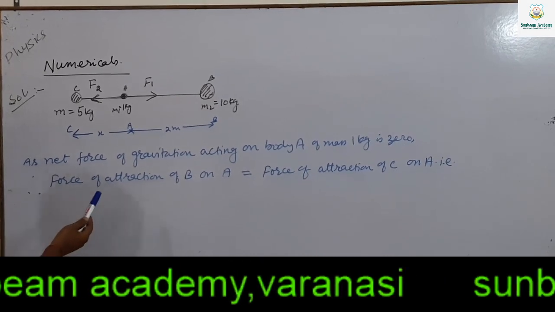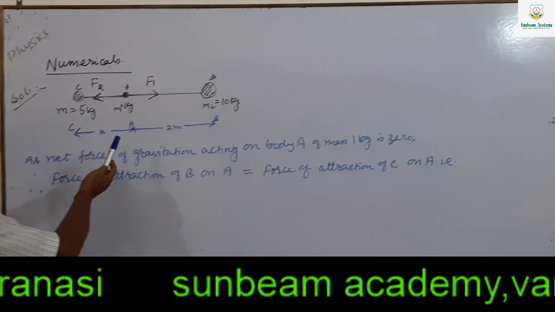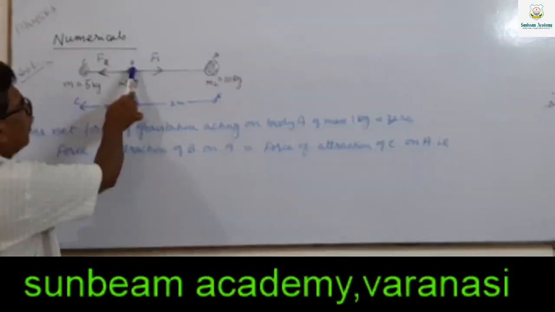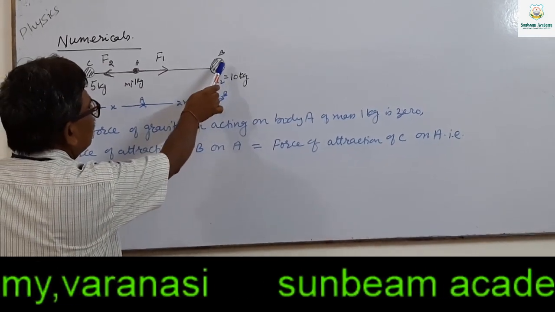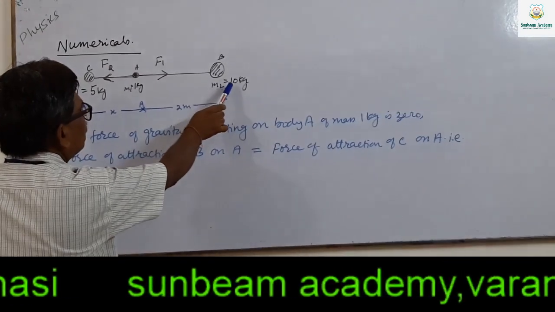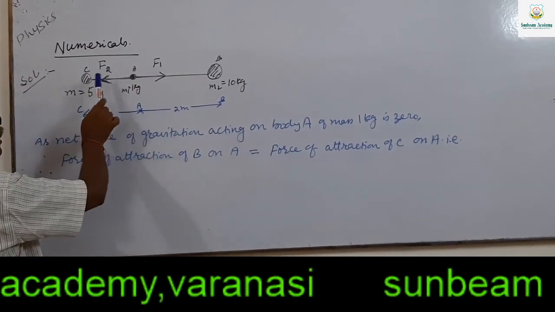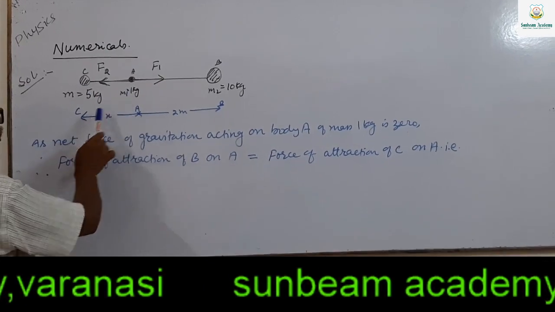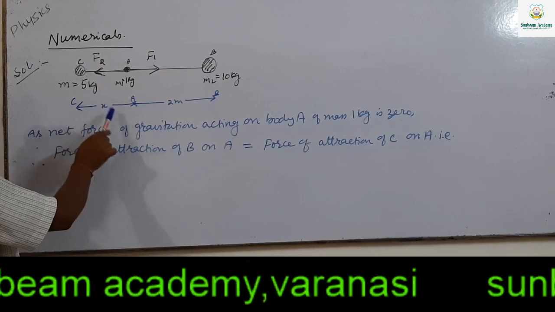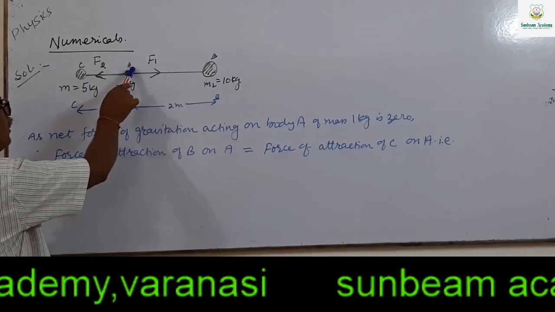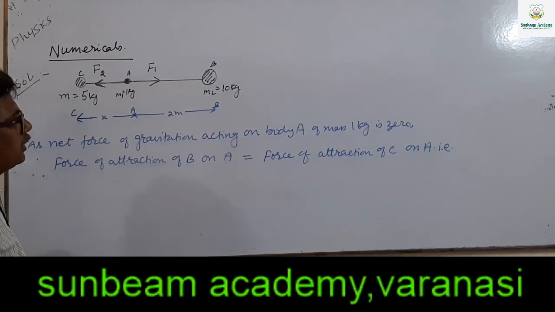Now see the condition as per the numerical given: body A of mass 1 kg is kept from body B of mass M2, 10 kg, at a distance of 2 meter, and at what distance from body A should a body C of mass M kg be kept so that the net gravitational force acting on A must be 0.